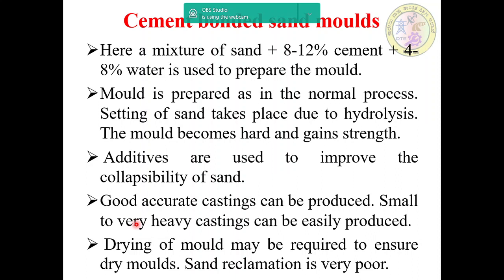Additives are used to improve the collapsibility of the sand, and good accurate castings can be produced. Small to very heavy castings can be easily produced in cement bonded sand molds. Drying of the sand mold may be required, and sand reclamation is very poor because you are using cement. This is about cement bonded sand molds.